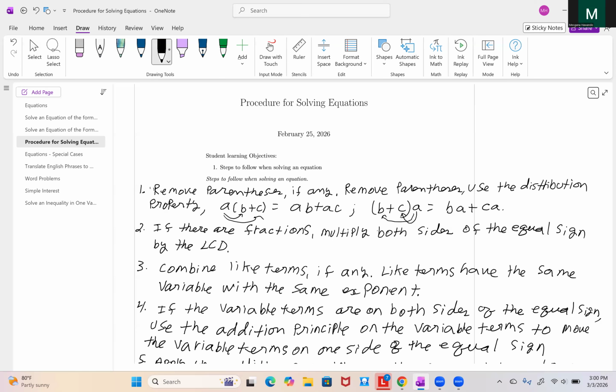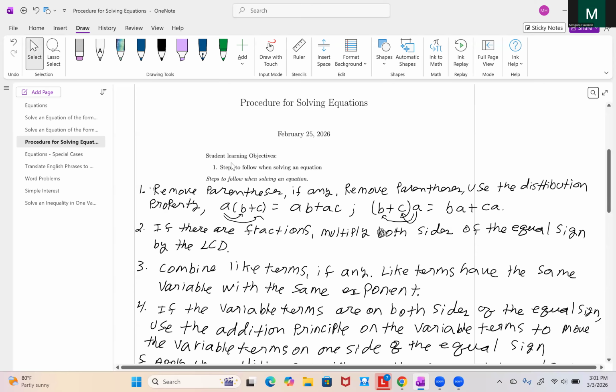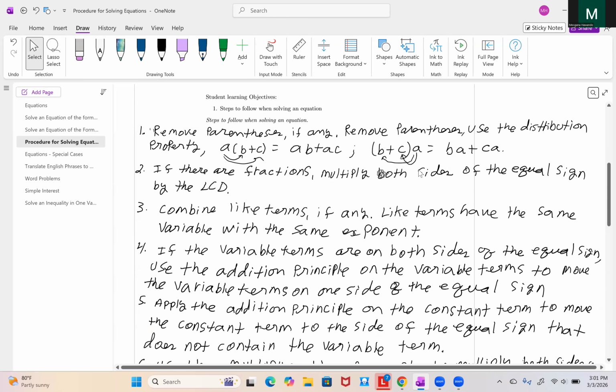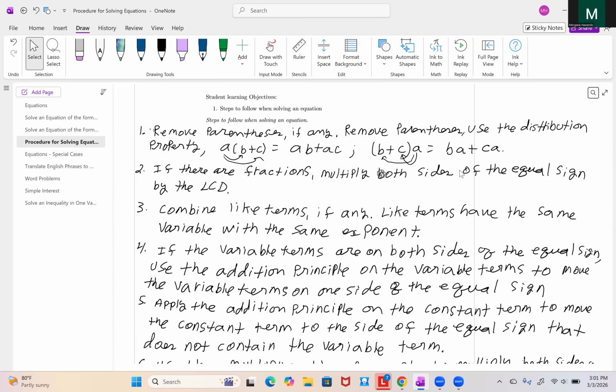2. If there are fractions, multiply both sides of the equal sign by the least common denominator. 3. Combine like terms, if any. Like terms have the same variable with the same exponent. 4.